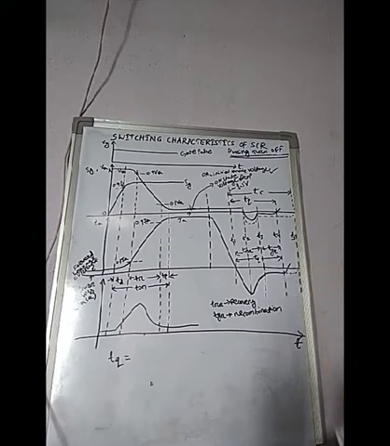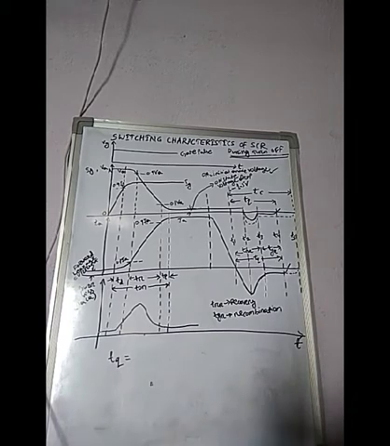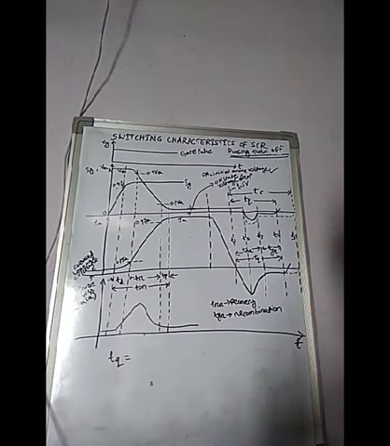Okay, so turn off time is defined as the time between the instant anode current becomes zero and the instant SCR regains forward blocking capability.